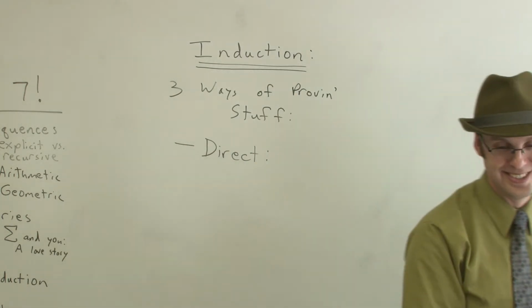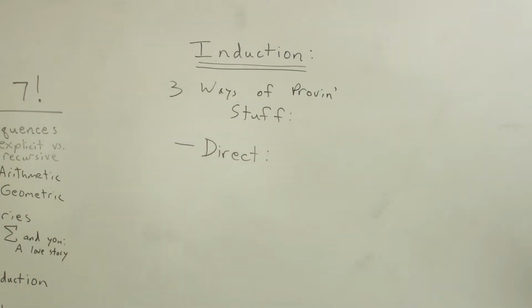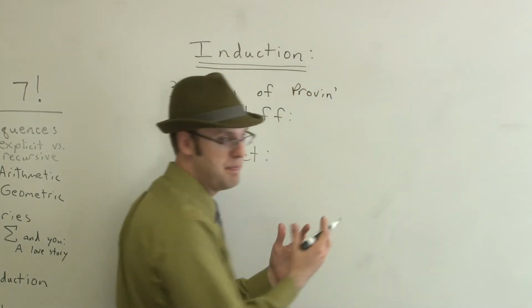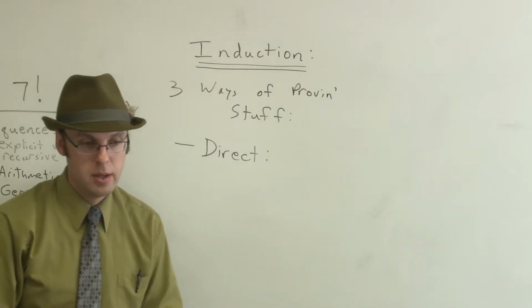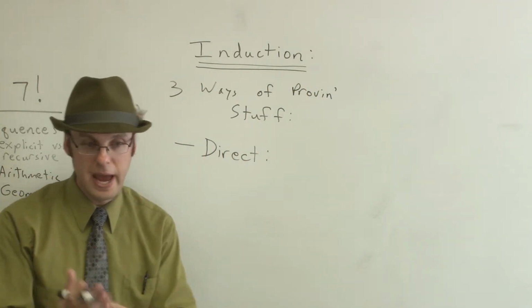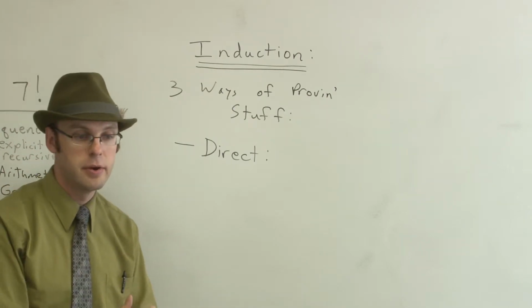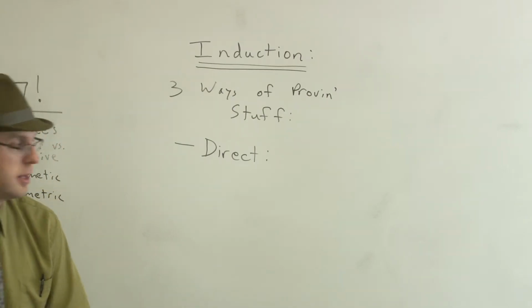The direct approach is the one that you were used to back in geometry, like the two-column proof, where you have some things that you know, and you use axioms, postulates, and theorems to work towards the thing that you want to prove.